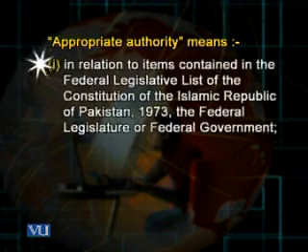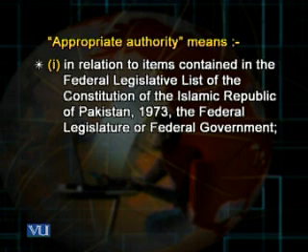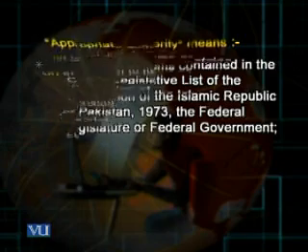Now, let's see how the Electronic Transactions Ordinance has defined the term appropriate authority. You can look at the screen in this regard. Appropriate authority means, one, in relation to items contained in the Federal Legislative List of the Constitution of the Islamic Republic of Pakistan 1973, the Federal Legislature or Federal Government.